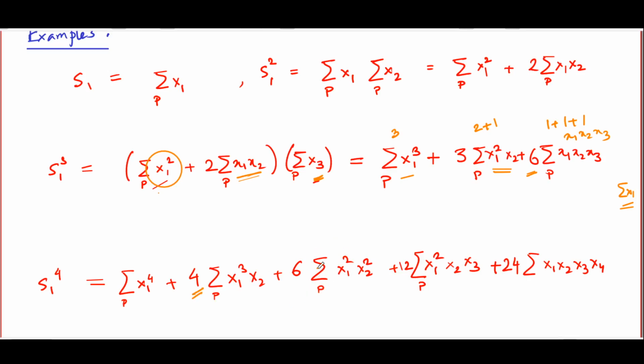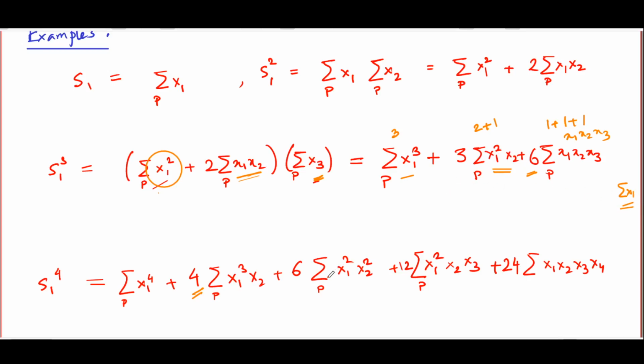What about the next partition? 2 plus 2, x1 square x2 square, being the typical term. Now you can get that by taking x1 square x2 from here and x2 from here. But you can also get it by multiplying x1 x2 square from here, which is also there in this particular permuted sum, and taking x1 from here.